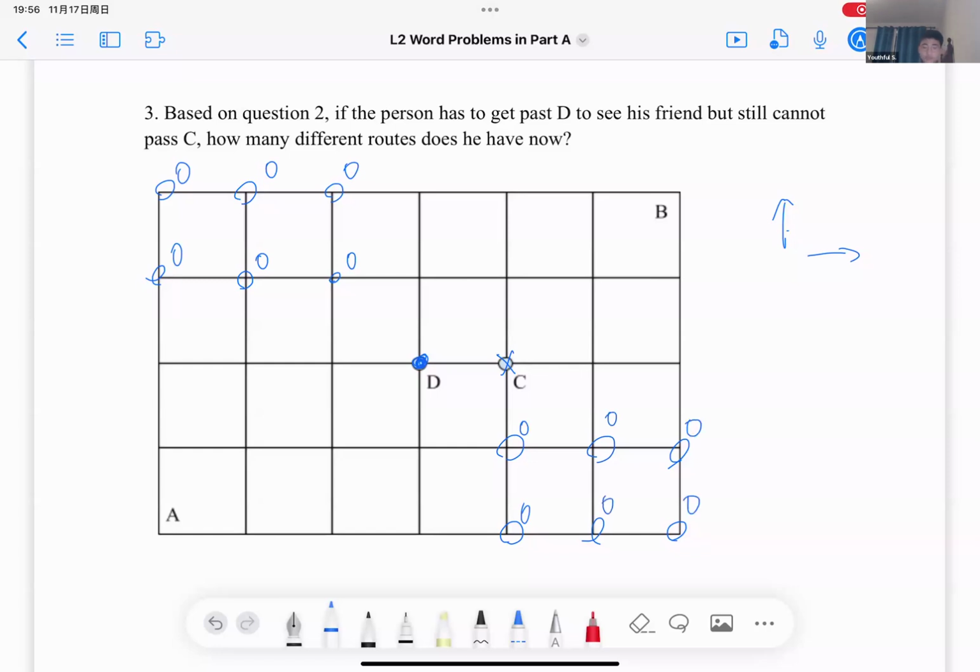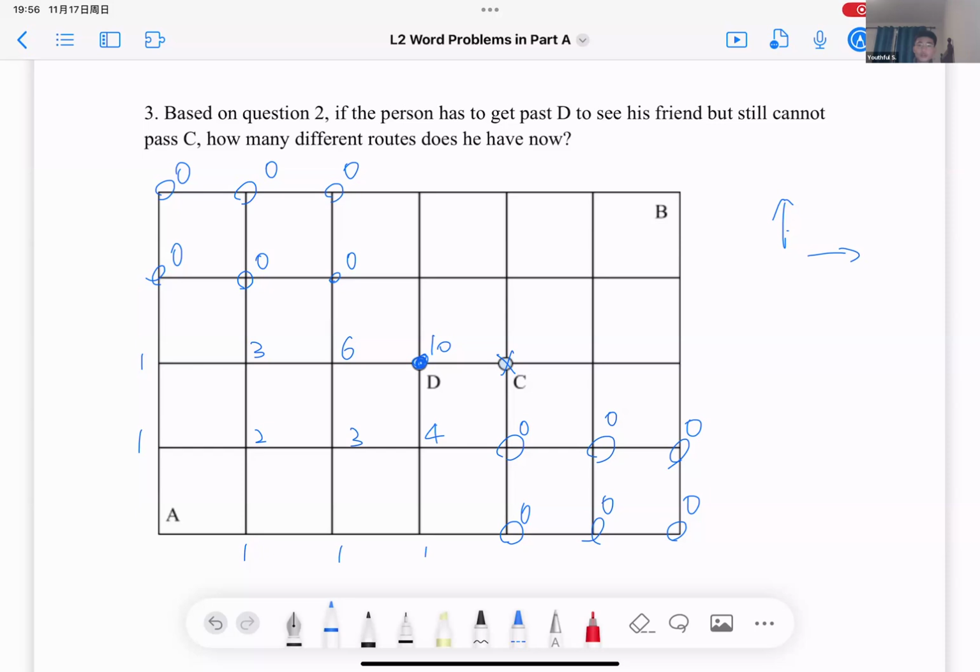Okay, now we can officially start doing this question. Same thing as usual, leaving the ones on the sides. 2, 3, 4, 3, 6, 10. So getting to D has a total of 10 options.